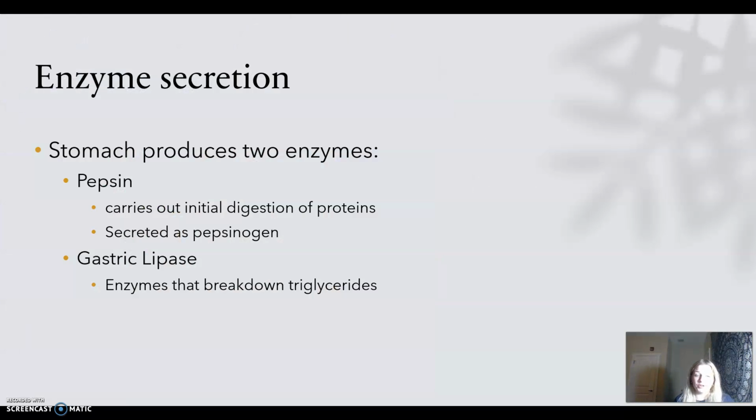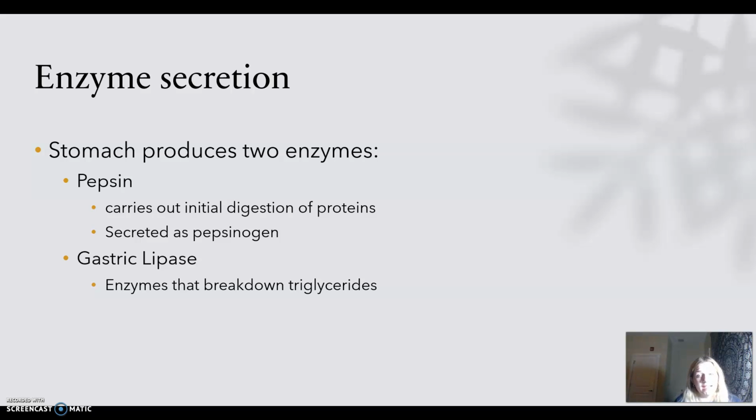So enzyme secretions. The stomach produces two enzymes. The first is pepsin. It carries out initial digestion of proteins. This is very effective on collagen, so it's very important when digesting meats. It is secreted as pepsinogen, which is an inactive enzyme secreted by chief cells, and this is stimulated by the short reflex in the ENS.